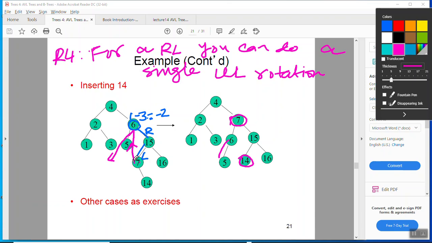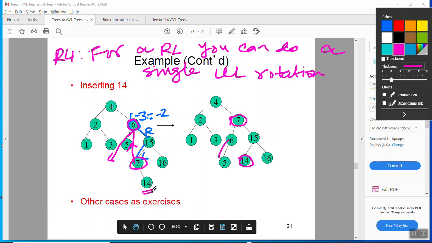Then if you follow this, the technique is, don't be misled, wherever we get an issue, this is the node where we got an issue, right? And the issue is coming from the addition of 14.